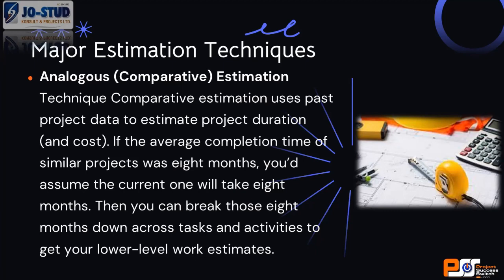Analogous is also called comparative. Comparative in the sense that you have a project that you have done before, and what they just described is similar to the project you have done before. So you can simply, off your head, tell them, okay, analogously, I can estimate that this project will take me 8 months.